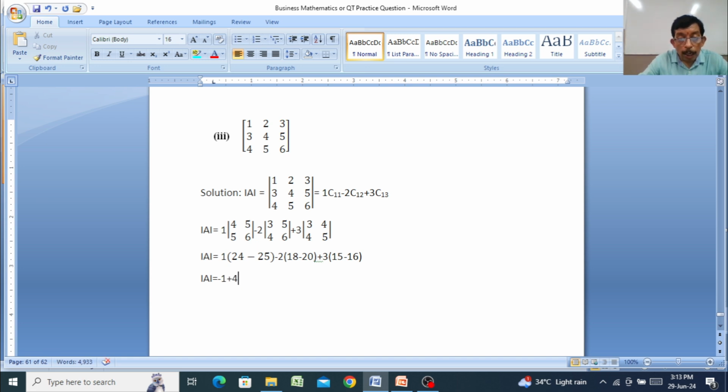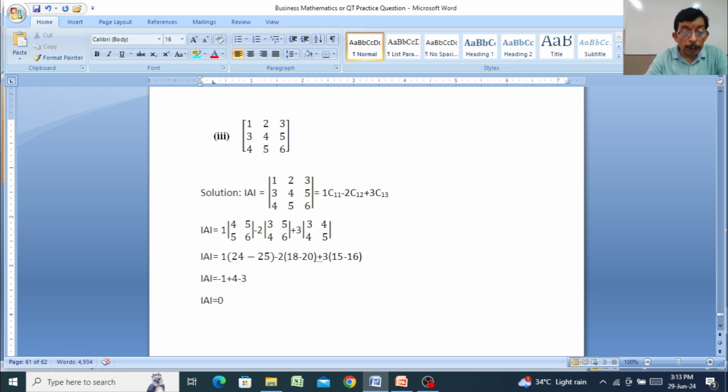Then the last cofactor value is 15 minus 16, minus 1, 3 times minus 1 is minus 3. The value of the determinant is: minus 4 plus 4, 0.